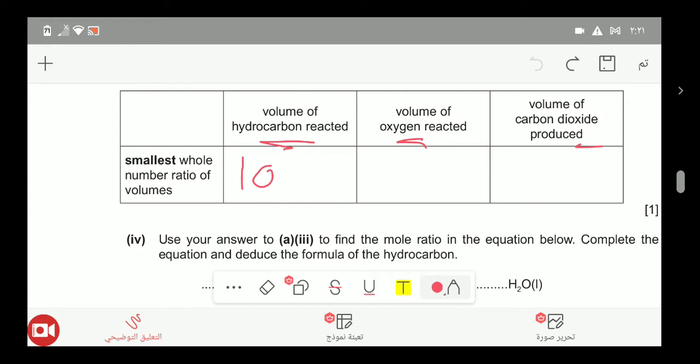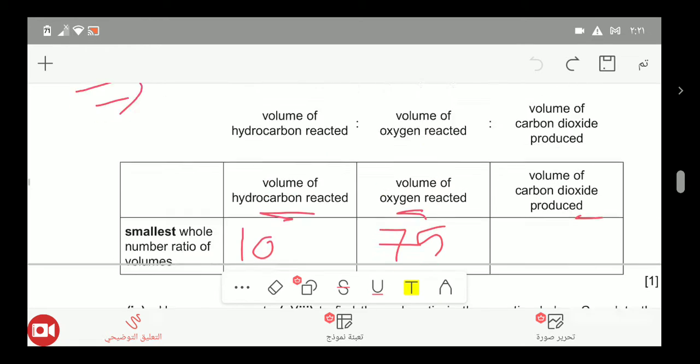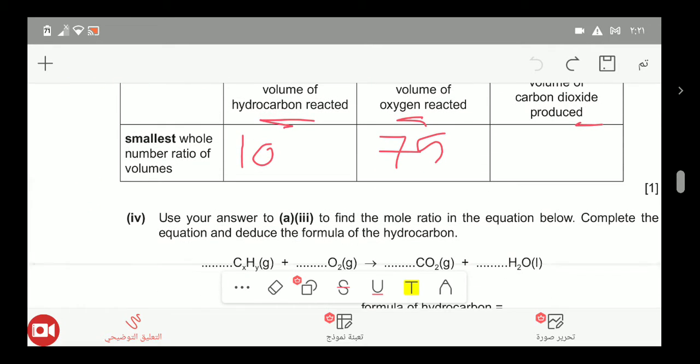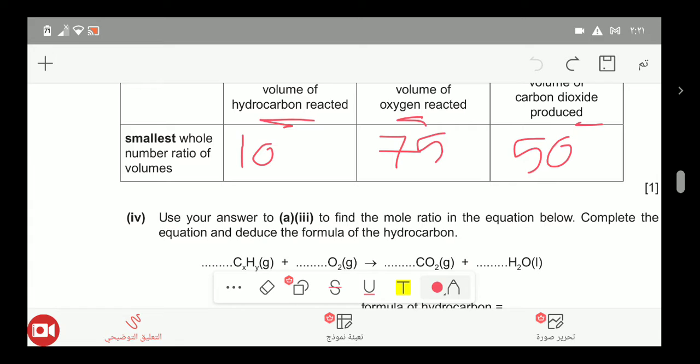Volume of oxygen reacted 75. Volume of carbon dioxide, we have about 50. Now he wants the smallest whole number ratio, so we have to simplify all numbers.